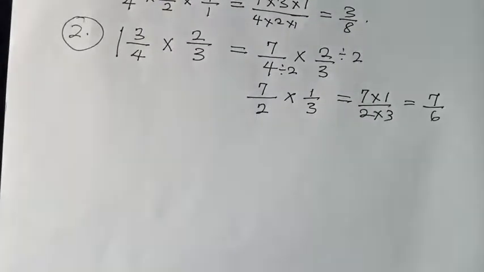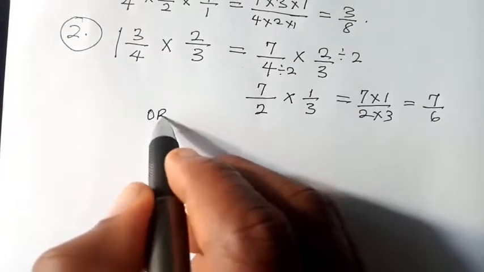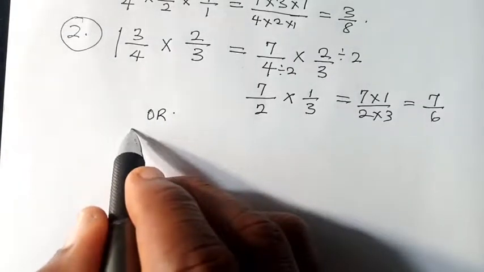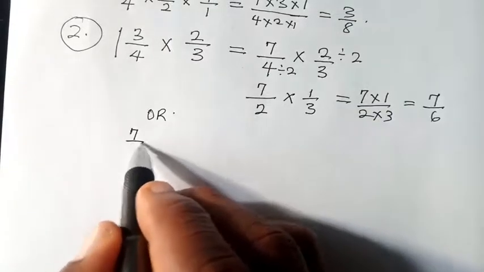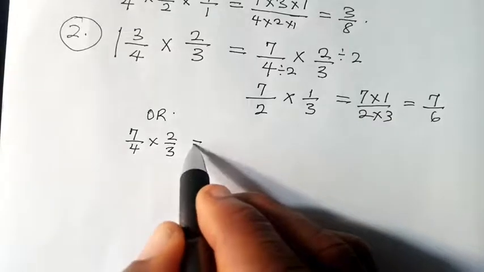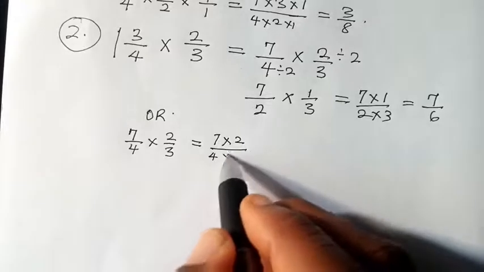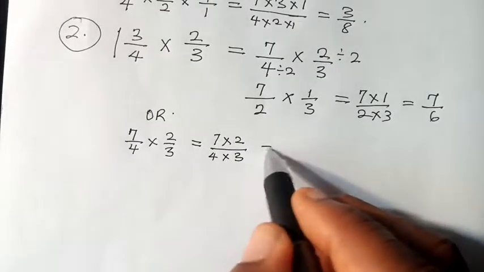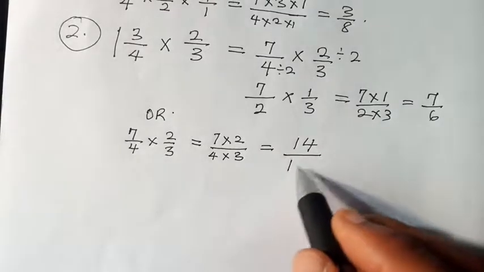Moving on. Okay. These are simple ways of handling this. Let me also try the other way. 7 over 4 times 2 over 3, which is 7 times 2 and 4 times 3, which is 14 over 12.